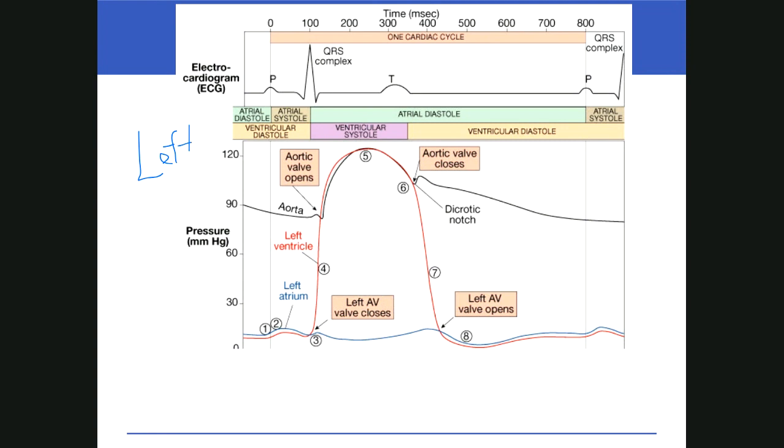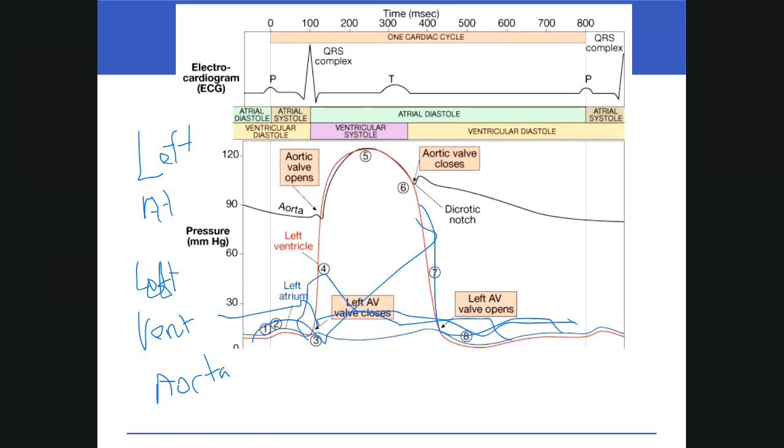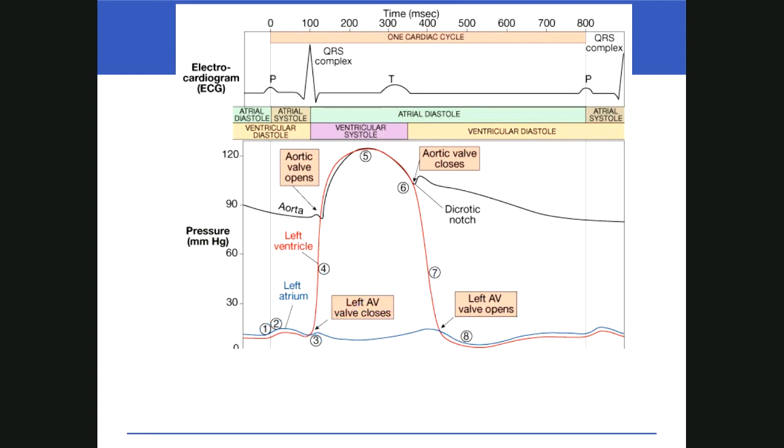So that means the left atrium, the left ventricle, and the aorta, which is the large artery that comes out of the left ventricle. Now we could put the right side on here too, but if we did that, we'd have 3 more lines. So we'd have another line like this, and another line like this, and another line like this. 3 more lines. It would get even more complicated. So to simplify it, we're only looking at which side?